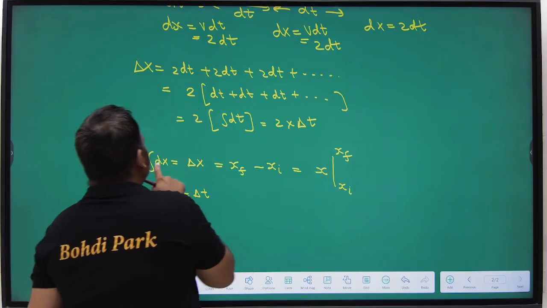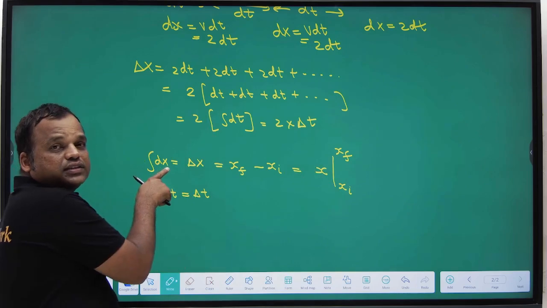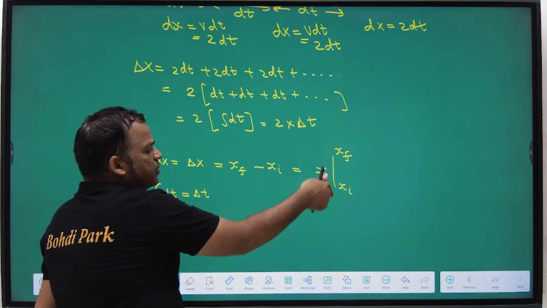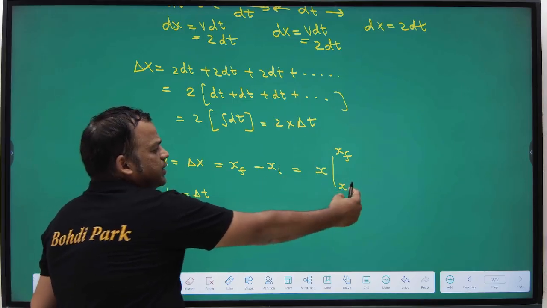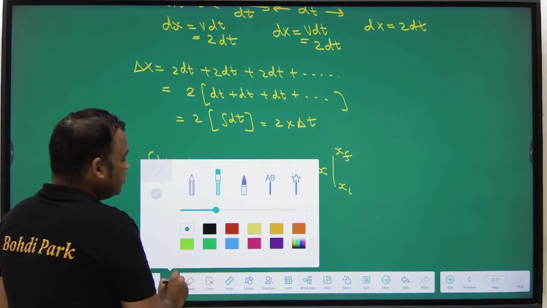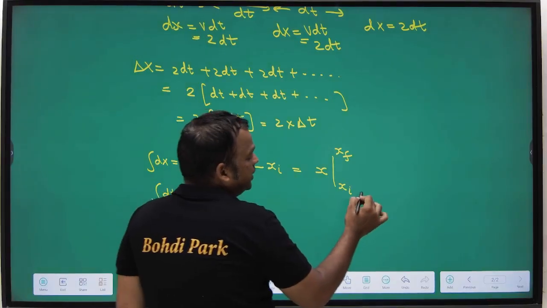So when we have integration of dx, it can be called as x, and we will put one vertical line like this, and we'll write initial value here and here final value. So these are known as limits of integration.